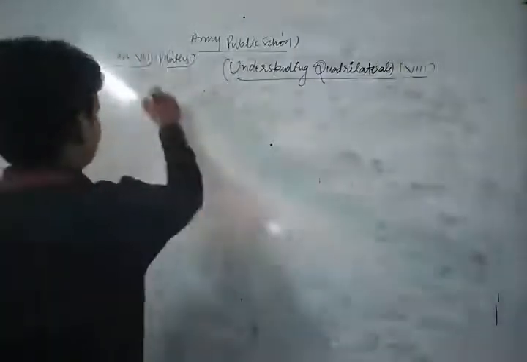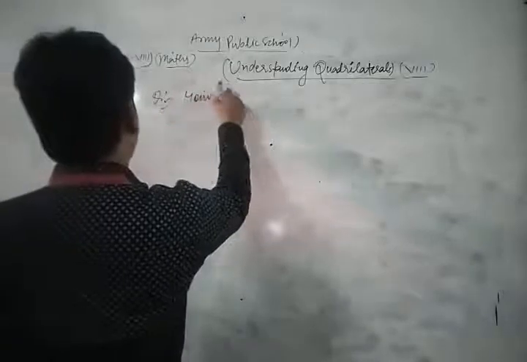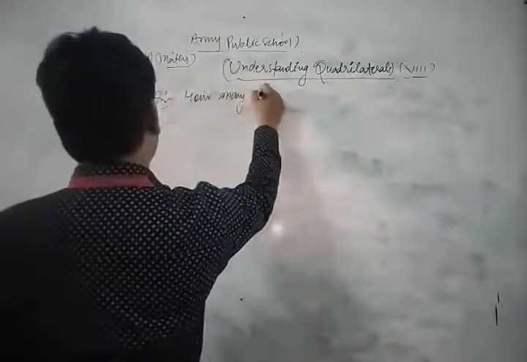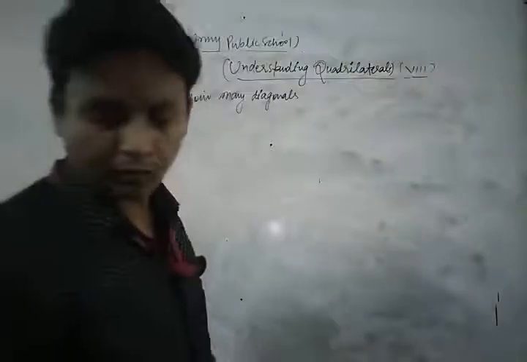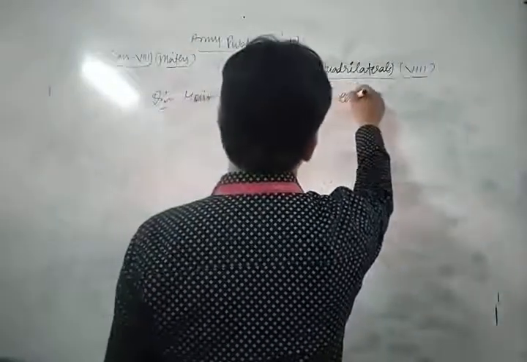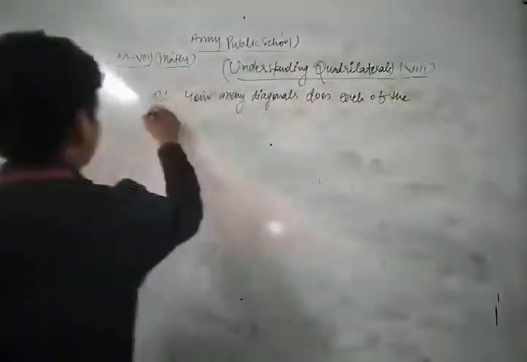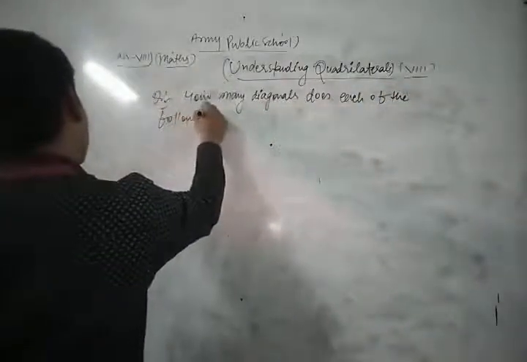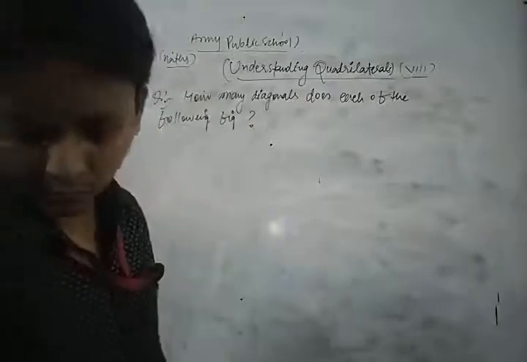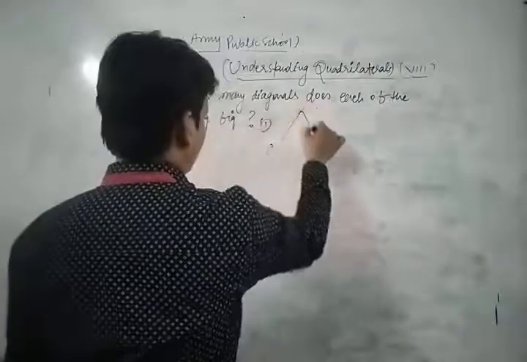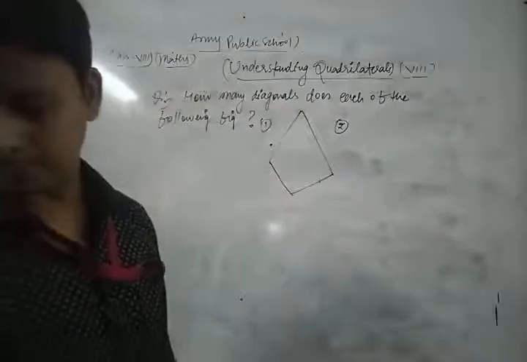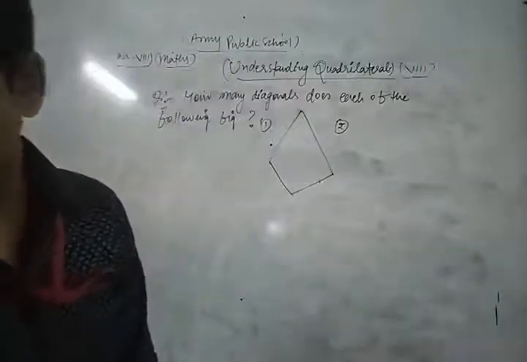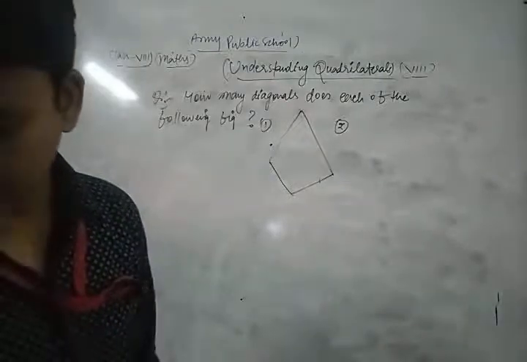The question is how many diagonals does each of the following figures have? Your figures are what? The first one is a convex quadrilateral.